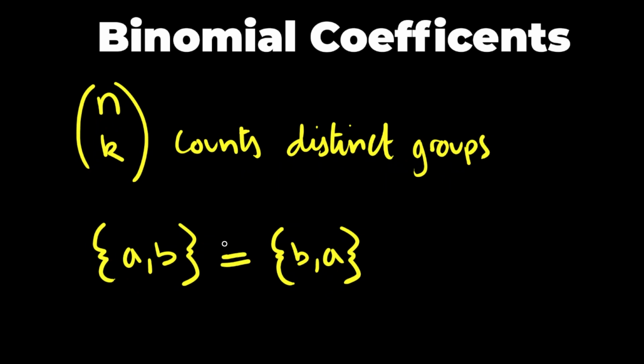They're equivalent. And this is the equivalent symbol in mathematics. So AB, BA is the same, and I only count these as one. This is one group, not 2 groups, because the order doesn't matter. Just like if you had 3 people in a group, it doesn't matter what order they stand in, they're still the same group of people.